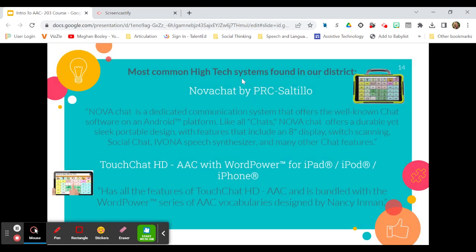So the most common high-tech systems found in our district would be the NovaChat by PRC. We've had a few of the Accents by PRC as well. I'm sorry, PRC Saltillo. And then TouchChat HD AAC with Word Power for iPad is the most common AAC app you will see in our district for a variety of reasons.